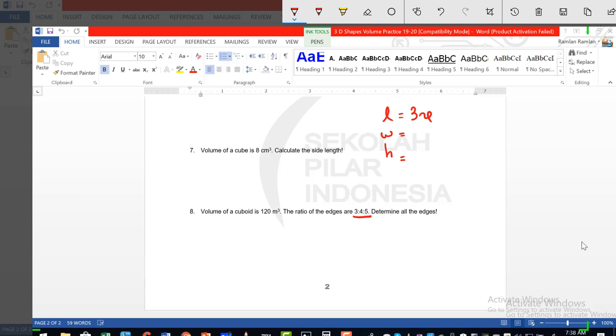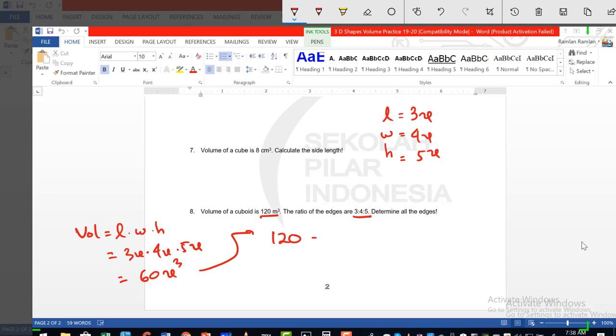So it's 3x, 4x, and 5x. We know that the volume of a cuboid is length times width times height, right? So it's 3x times 4x times 5x. So it's 3 times 4 is 12, 12 times 5 is 60. So it's 60x cubed. As we know, the volume is 120.